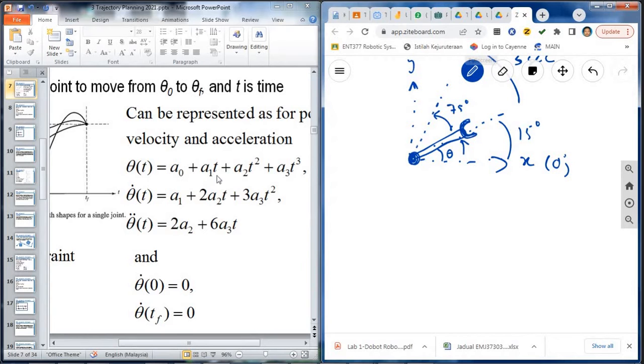The important one you must remember or apply is your position equation: theta of t equals A0 plus A1t plus A2t squared plus A3t power of 3.